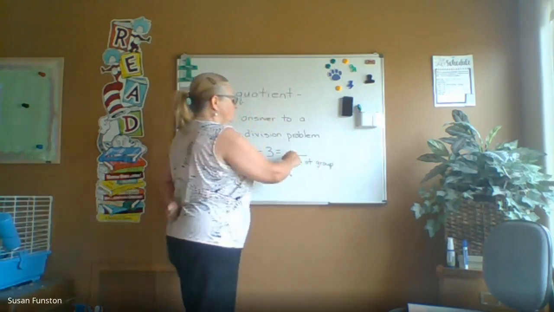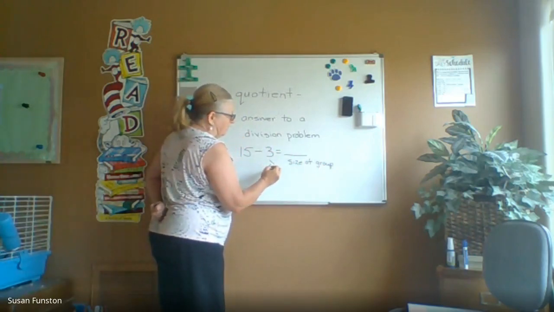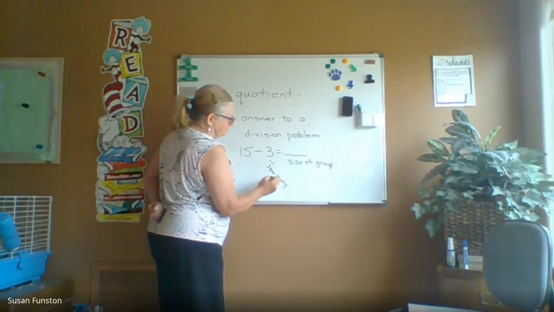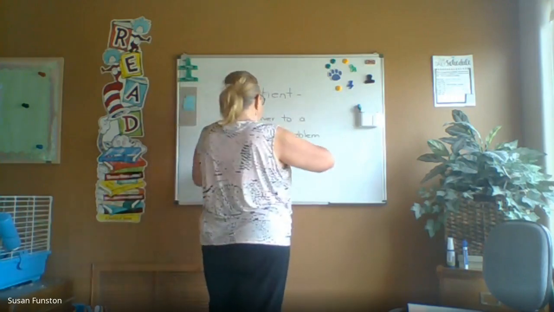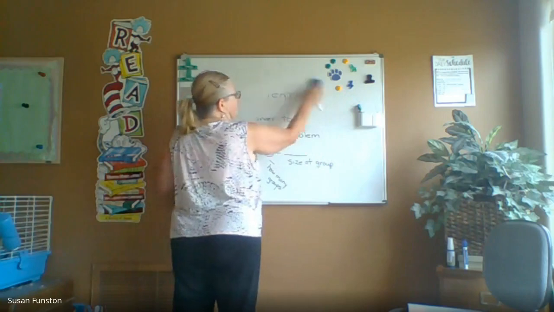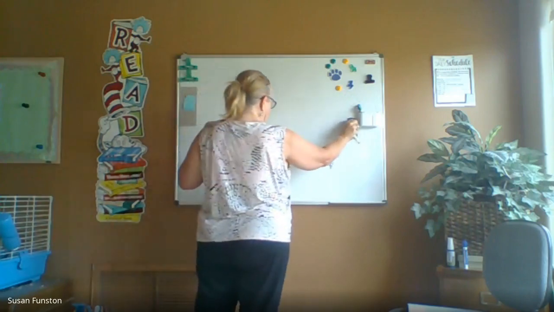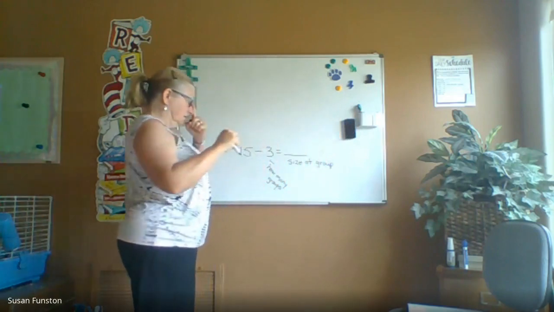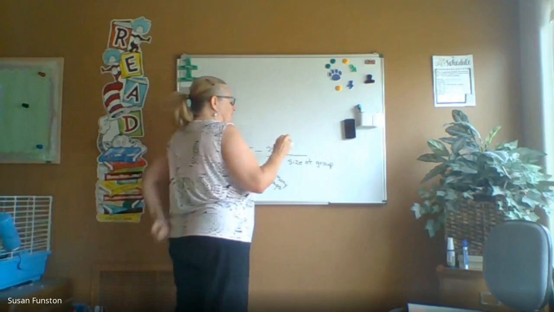So if this one represents the size of the group, this one must represent how many groups. So we're going to draw an array to show 15 divided by 3, and we want our quotient to represent the size of the group.